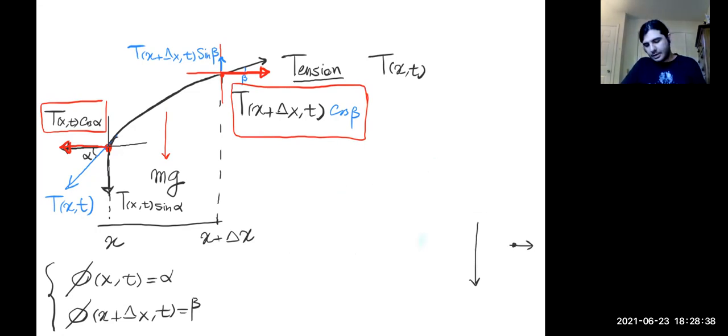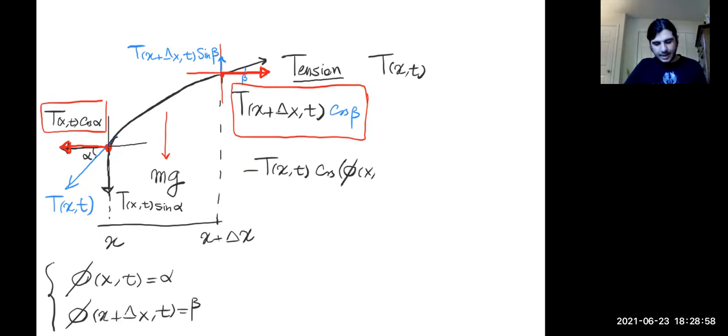If I take the right-hand side as the positive direction of the x-axis, we have minus T of x and t cosine of alpha, but I'm showing alpha with phi of x and t, the angle at the point x at the time t, plus T of x plus delta x and t cosine of beta, which now we show with phi of x plus delta x and t. This sum should be equal to 0.